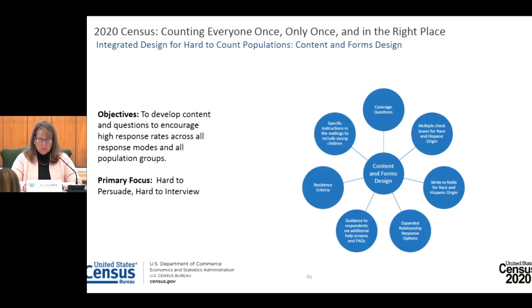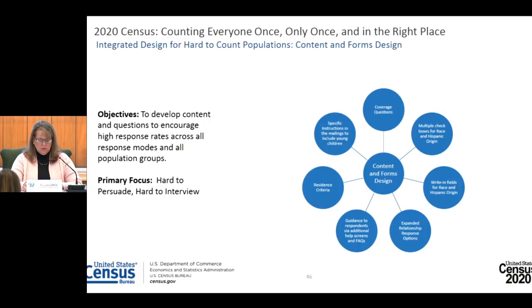Respondents will be able to select multiple checkboxes for race and Hispanic origin, and will be able to provide additional detail using write-in fields. An expanded set of response options will enable respondents to indicate their relationship with that of the reference person, including a distinction between opposite sex and same-sex husband, wife, spouse, or unmarried partner.